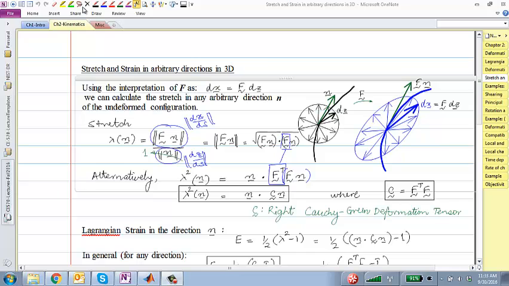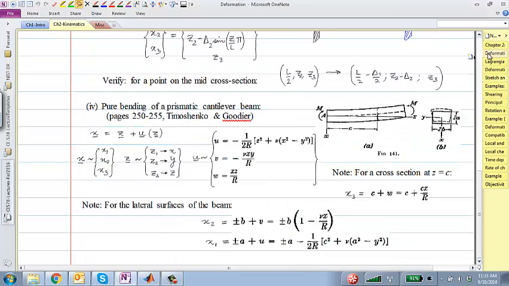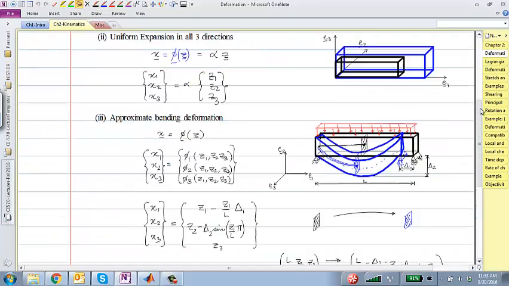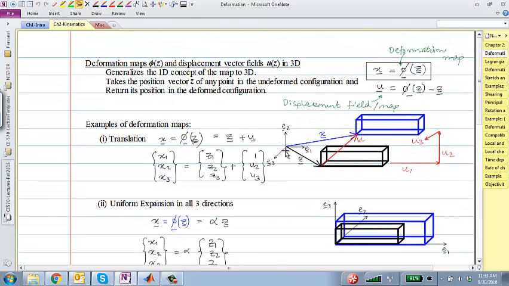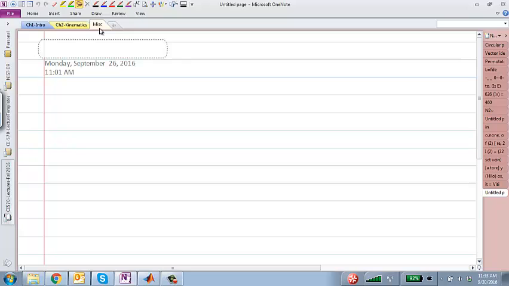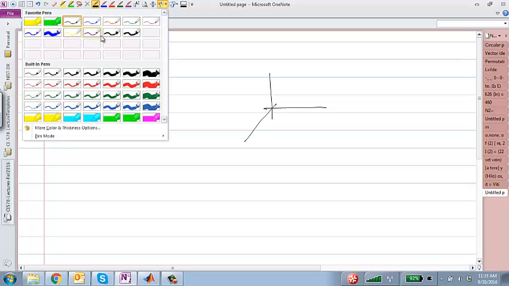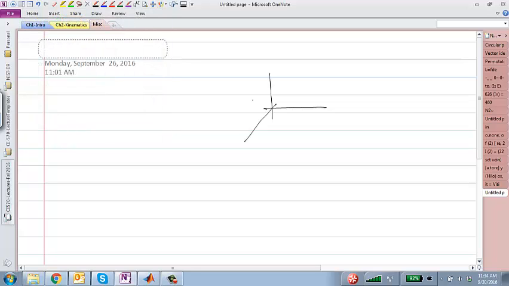Okay, so let's take an example. I guess what you're saying is, how do I understand the deformation map, right? If it's a simple map like a translation map, then maybe I should take an example. So let's say I have a black undeformed body, a unit cube initially.